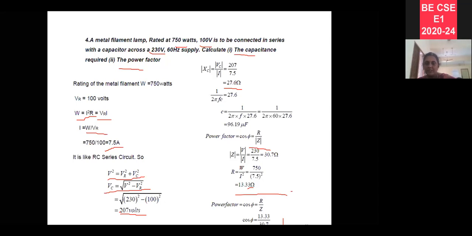Tell me the capacitance value. 9.6 into 10 power minus 5. What about others? So 10 power minus 5, you make it 10 power minus 6 and call it microfarad. Yeah. Very good.